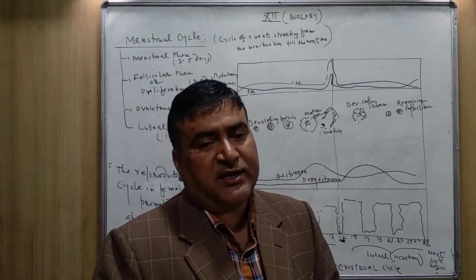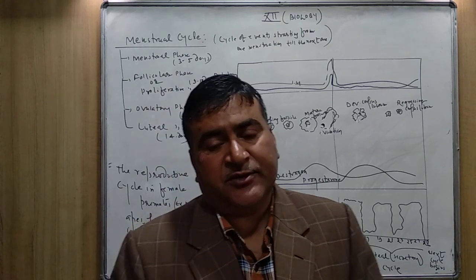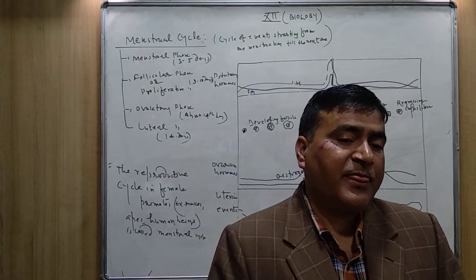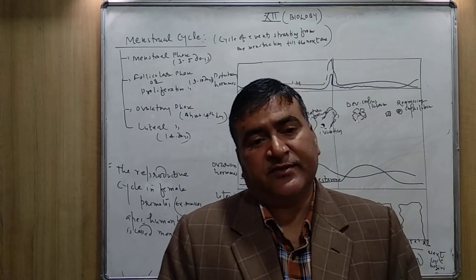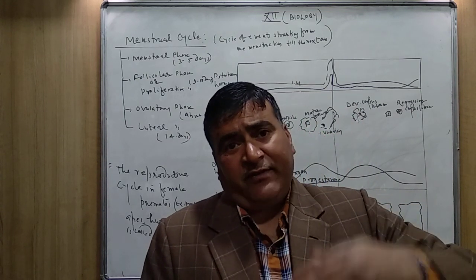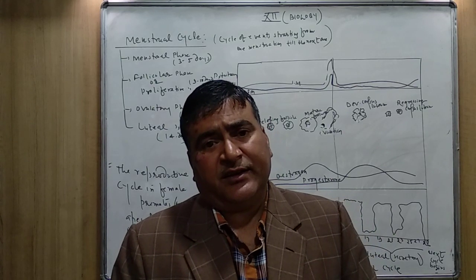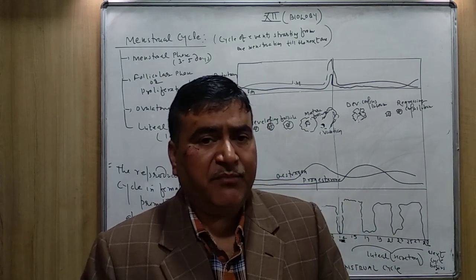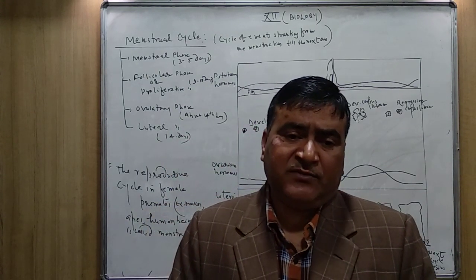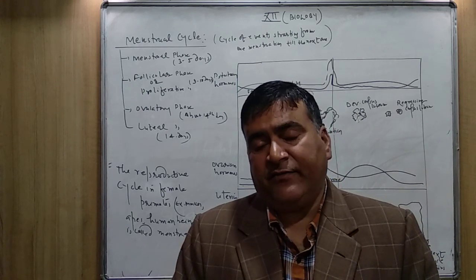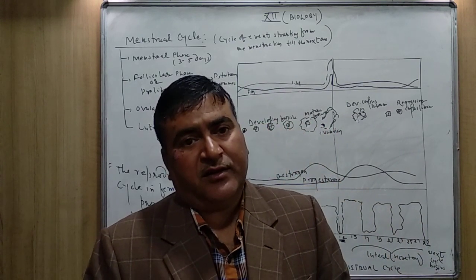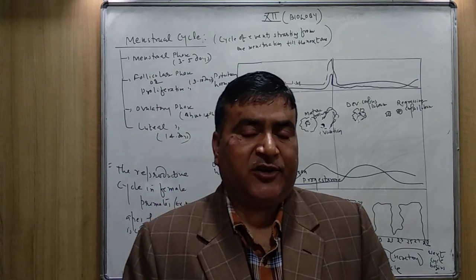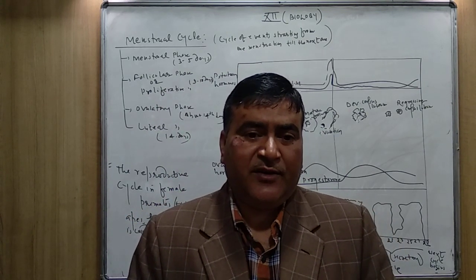The remaining follicular cells, in the presence of FSH, produce estrogen hormone, which further thickens the wall of the uterus. The amount of LH especially is at its peak in the mid of the menstrual cycle. It stimulates the Graafian follicle to release the ovum. It means it helps in the process of ovulation.